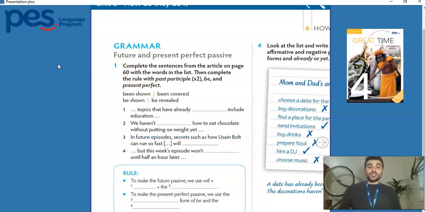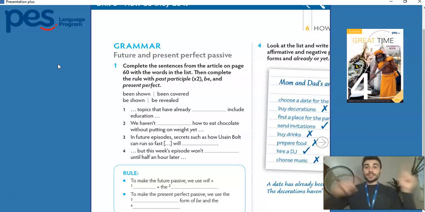In this first exercise, you have to complete the sentences from the article on page 60. For those who don't have their books, this is the second text you work with in your study guide. If you don't have the book, go back to your study guide. You will find the text over there. Then you have to complete the sentences according to the text.